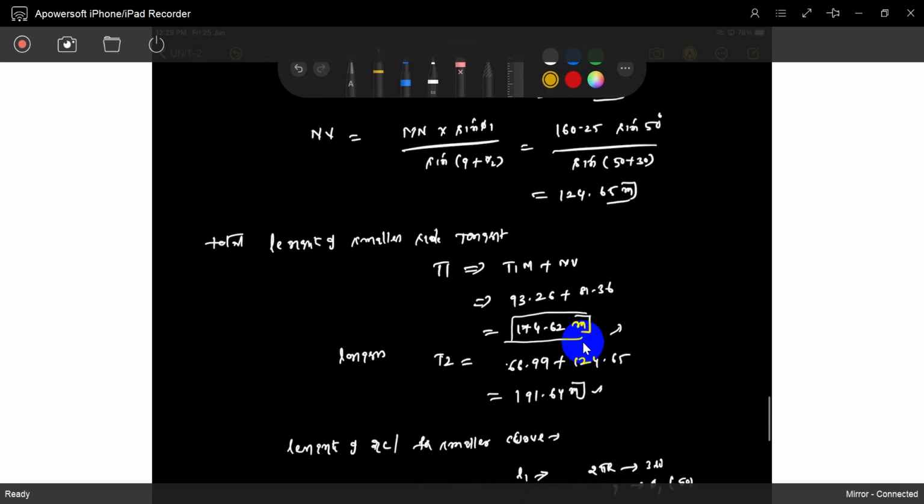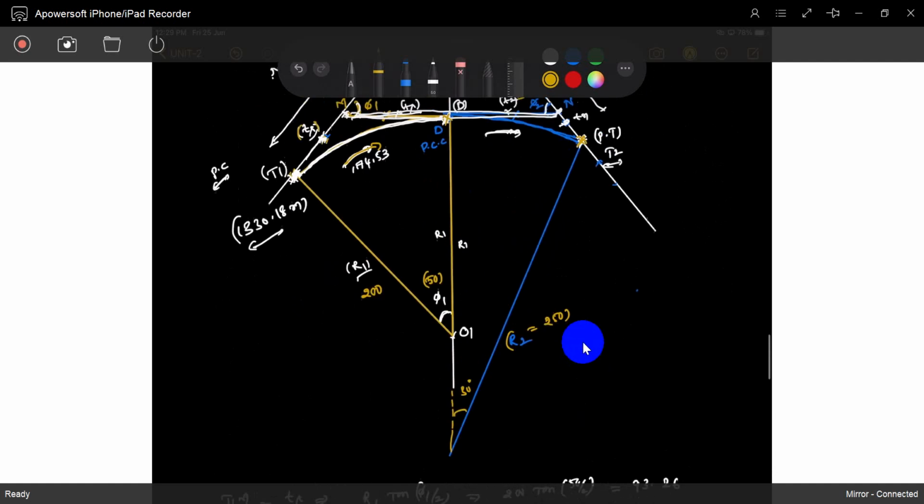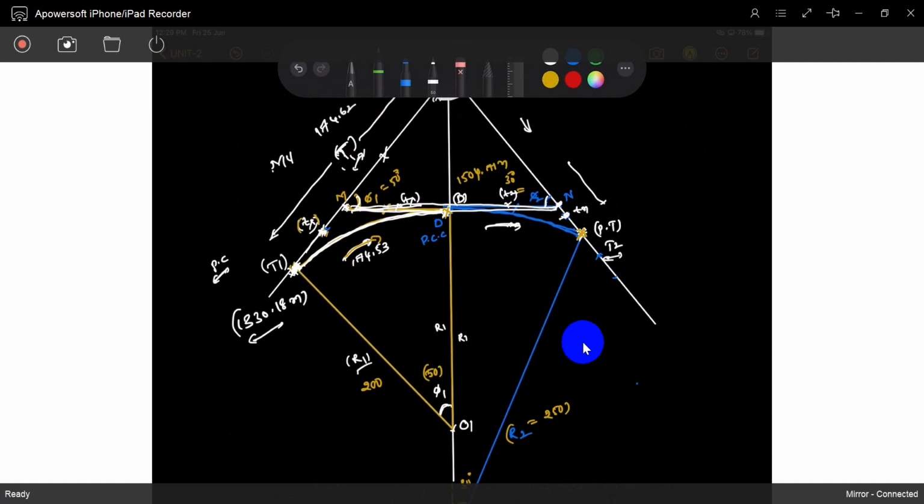It is 130.9 meters. Plus 130.9, this point is 1635.61 meters. That is the chainage points. You put a chain in the curve direction, from this place in this direction.